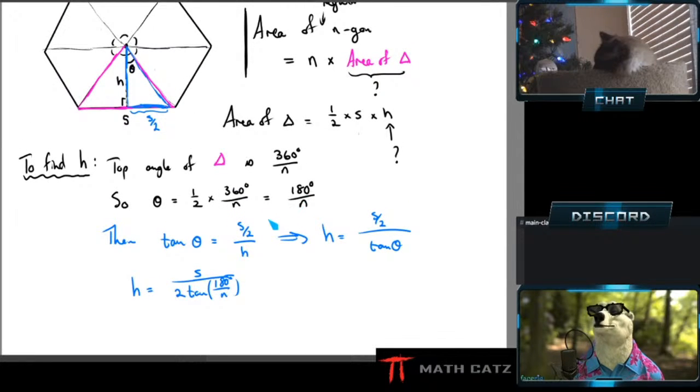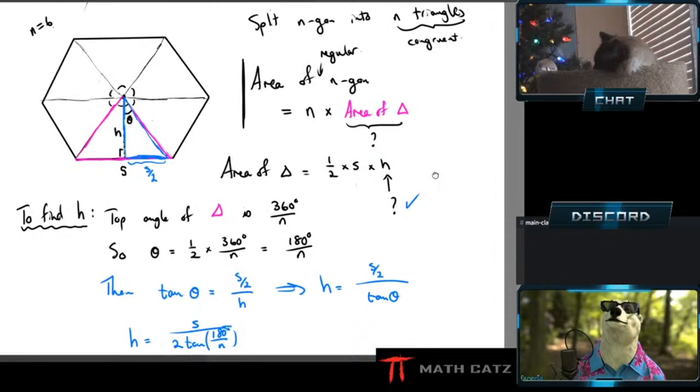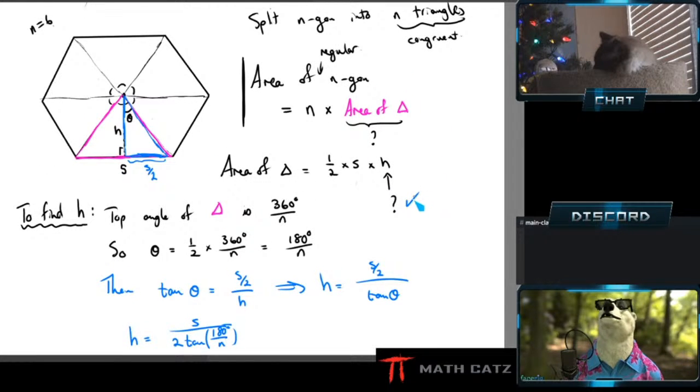All right, so we have H, which we need to find the area of the pink triangle, which we need to find the area of the polygon. I know, just a little step forward and things get a little messy. Now we have to sort of reverse engineer this, right?